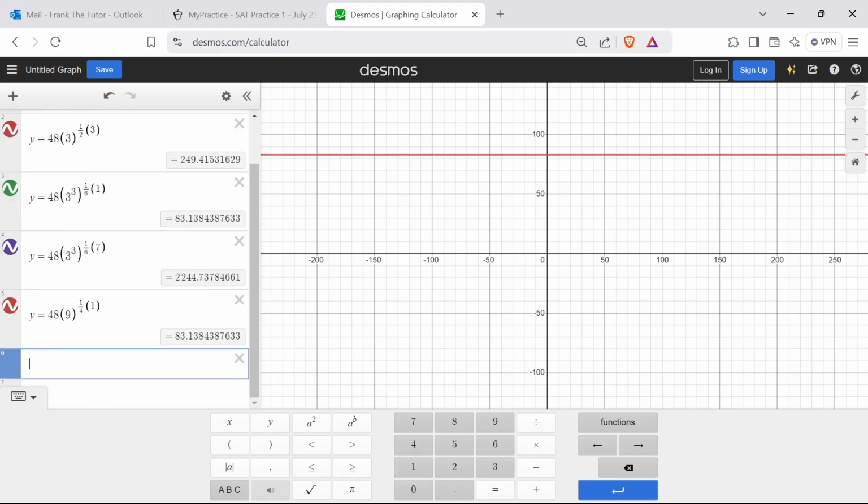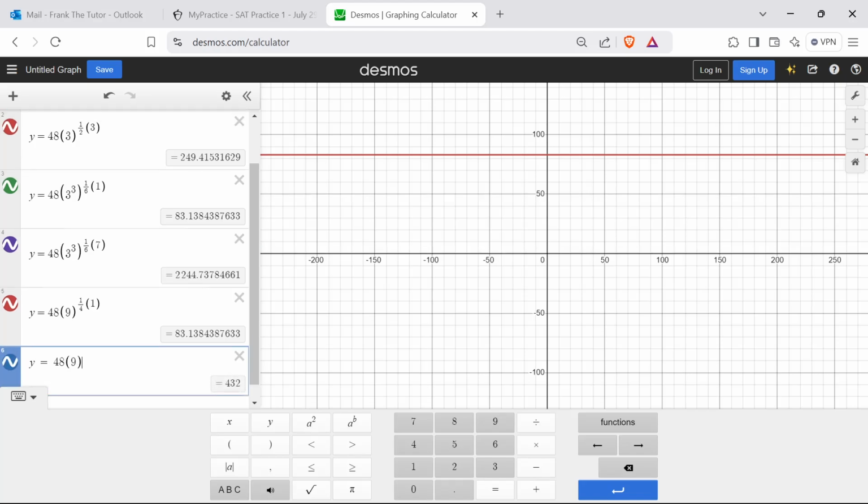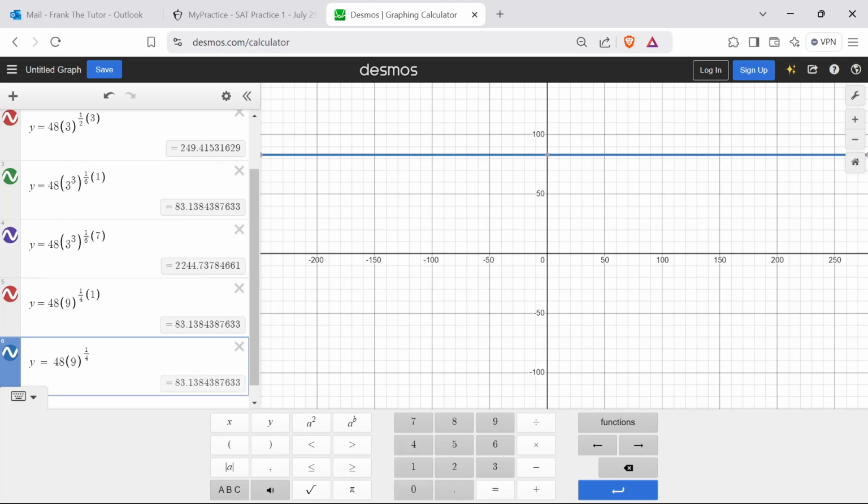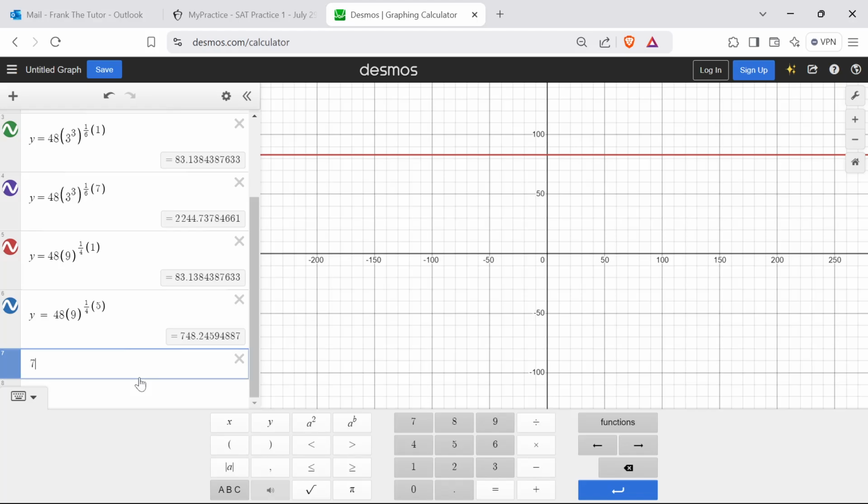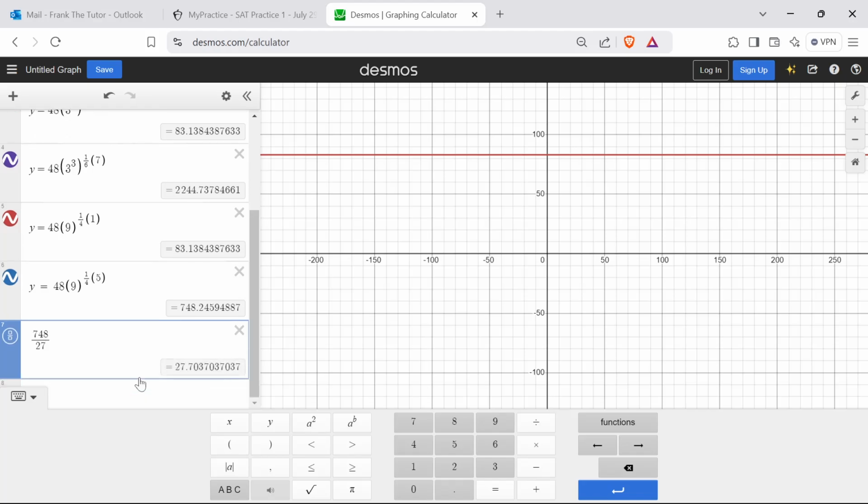That's 83. And I get y, and you can't copy and paste in Desmos, raised to the 1/4. And now x has to increase by c, so x is going to be 1 plus 4 or 5. And it's 748. Well, 748 divided by 27 is 27 point something, not 83 point something. So that one doesn't work.